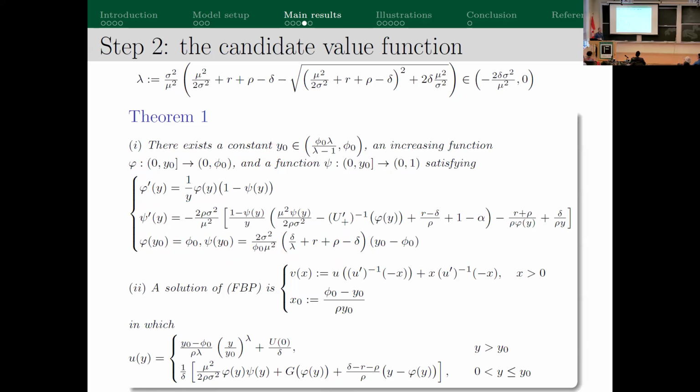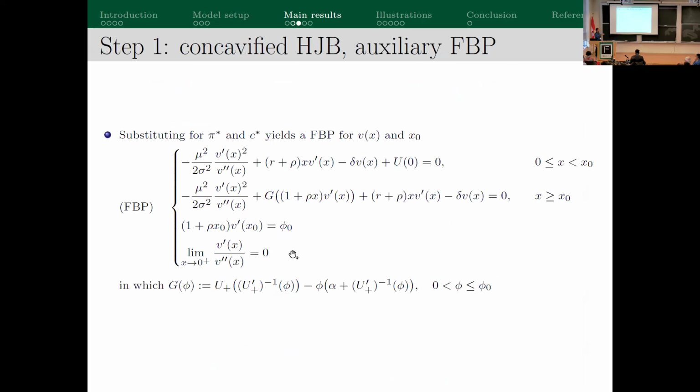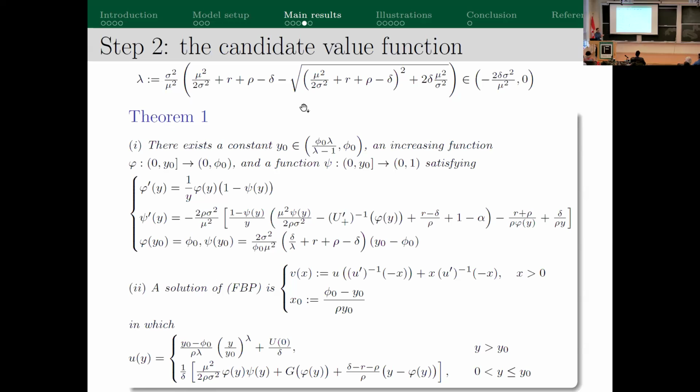So it turns out to be just a bisection search for this free boundary y0. And at each step of the bisection, you just solve this ODE. And then once you have done that, you can create your solution of this free boundary problem in terms of the solution of that system of ODEs.